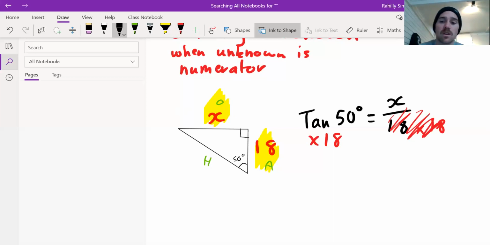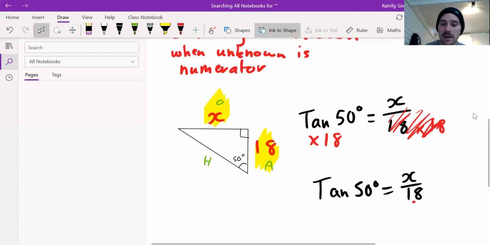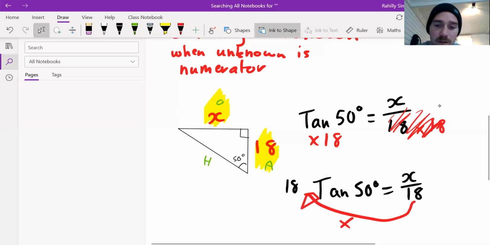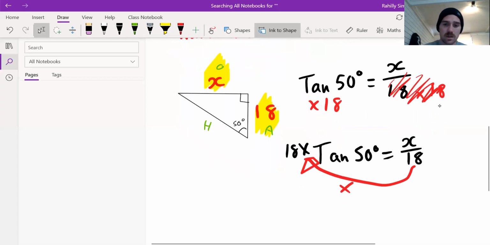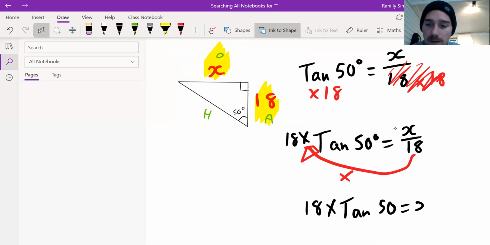Okay, so an easy way to do it: tan 50 degrees equals x over 18. What we have to do is bring this 18 over here and multiply it. So the 18 becomes 18 times tan 50 equals x.